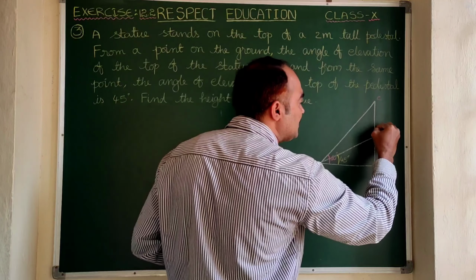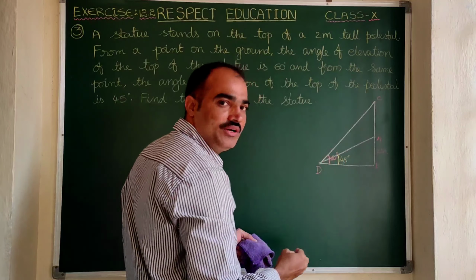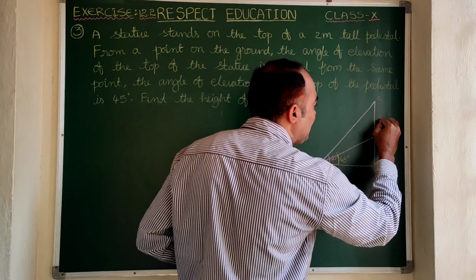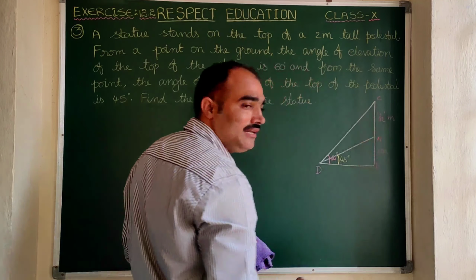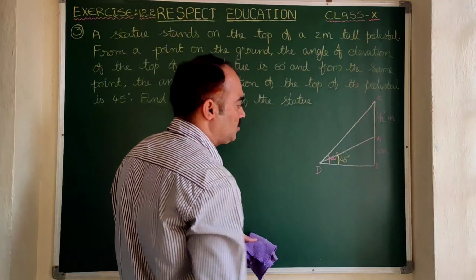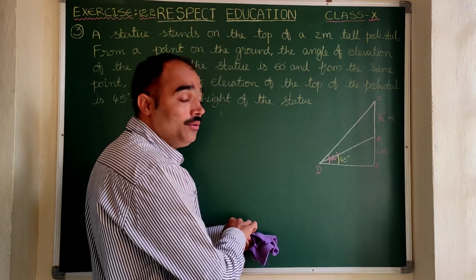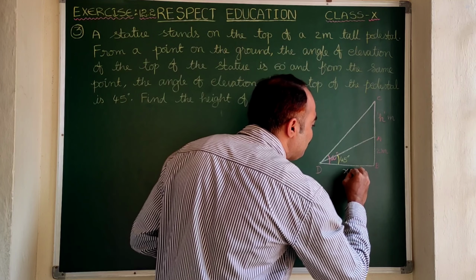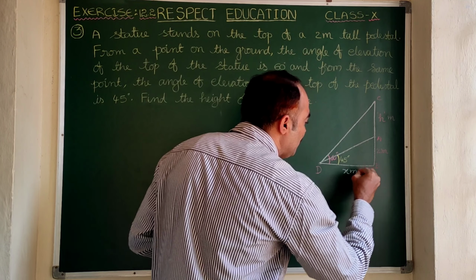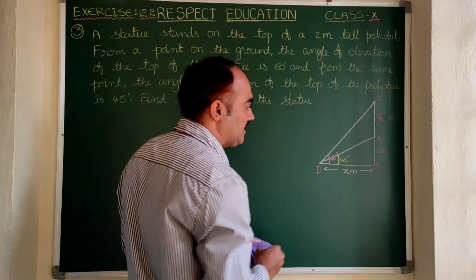So here CA is to be found. Let us take that as H meters. Since the value is in meters, the same units will come for H also. Now let us consider BD as X meters because it is not mentioned in the problem.